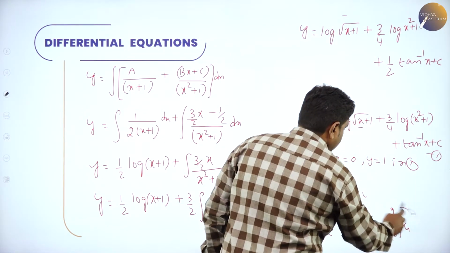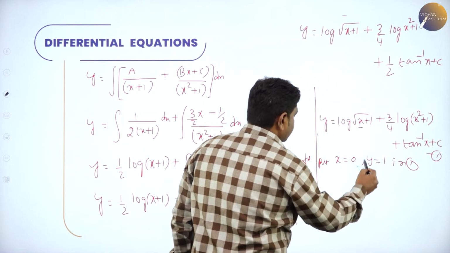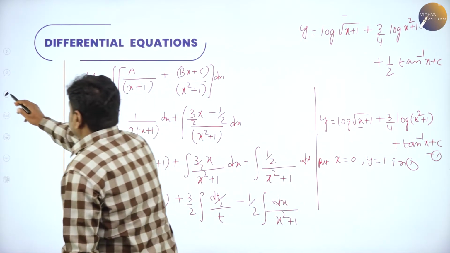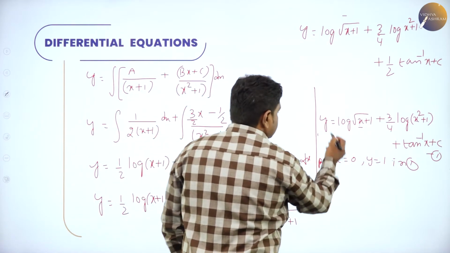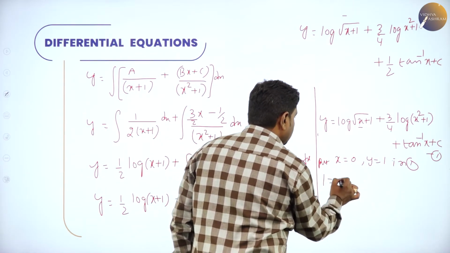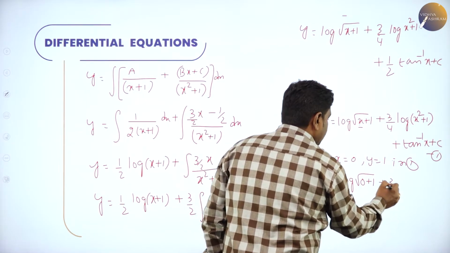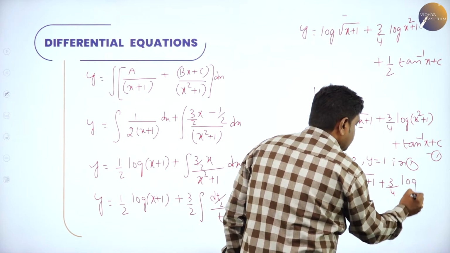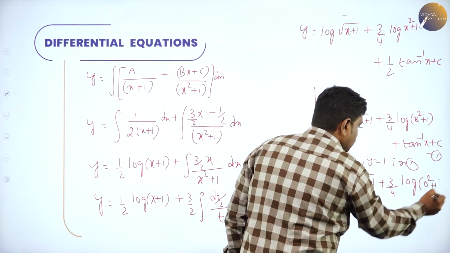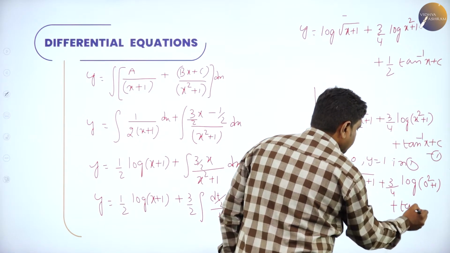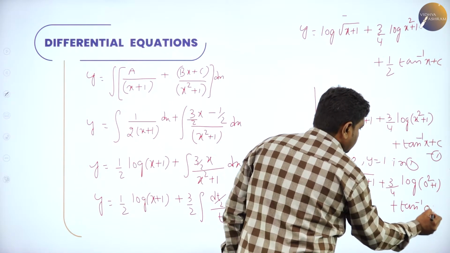See now here, in the place of x, put 0, and in the place of y, put 1. Wherever x is there, put 0. Wherever y is there, put 1. So 1 is equal to log of root of 0 plus 1, plus 3 by 4 log of 0 square plus 1, plus tan inverse 0, plus c.